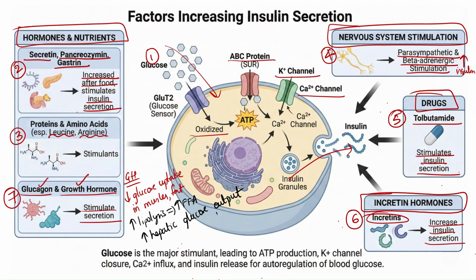All these three factors will cause insulin resistance. So to compensate this insulin resistance, the pancreas will secrete more insulin. So this is how both glucagon and growth hormone will be increasing the insulin secretion.